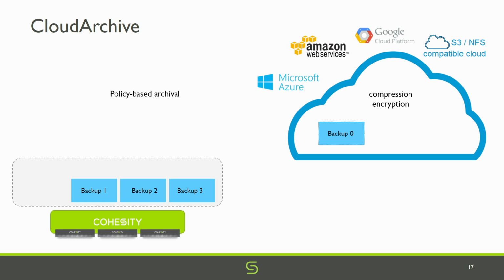The next backup that needs to be sent, backup 1, we're actually going to send only the unique blocks, deduped, compressed, and encrypted, so that we're very space efficient and bandwidth efficient when sending that data. And we're sending the data directly to something like S3 or Glacier or equivalents in Google Cloud and Microsoft.